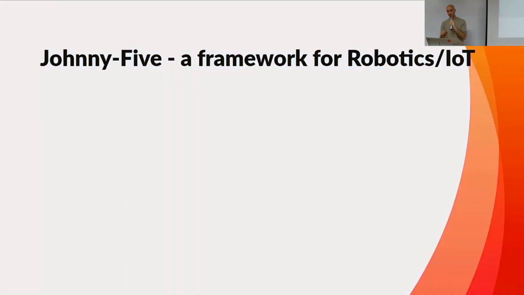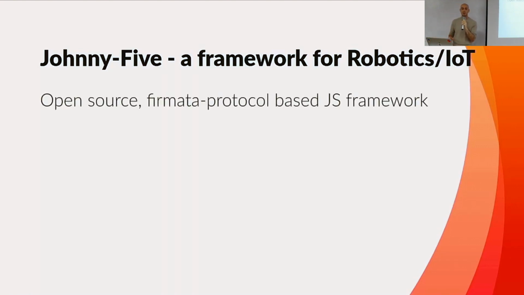Johnny 5 is the framework of choice that I'm using this time, and it's a framework for robotics and IoT. And in particular, this is the actual definition of it, which is: Johnny 5 is an open source Firmata protocol-based JavaScript framework. As open source, obviously, as you know, you get access to the source code, you can use it, you can modify it.